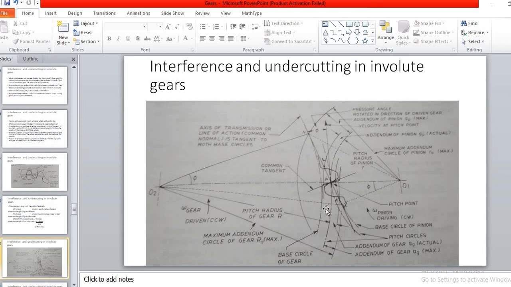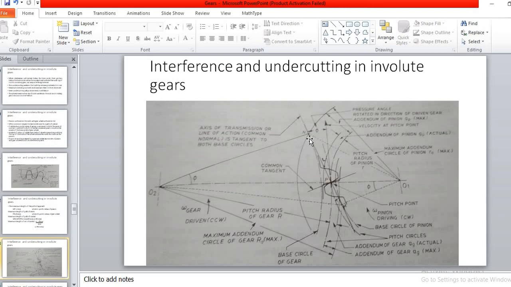Now if we shift this addendum, for the gear having center O2, this addendum circle is now shifted to this addendum circle. In that case, K is shifted to M, and when this other addendum circle is shifted, L is shifted to N. So these are the maximum points.